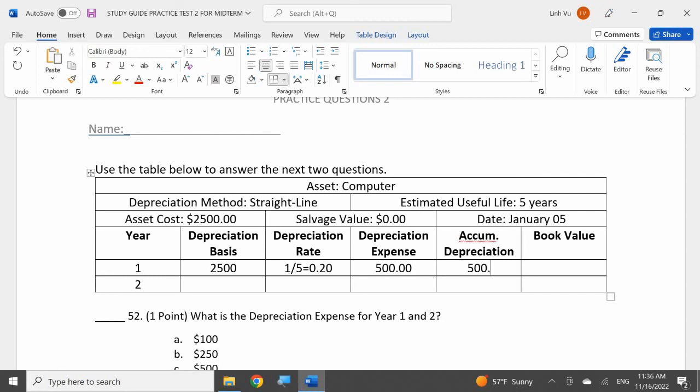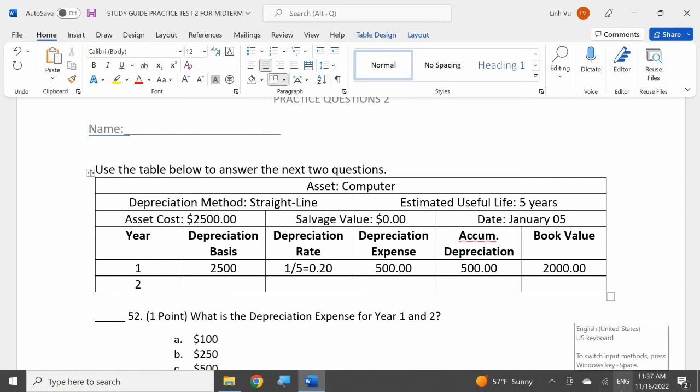So accumulated depreciation for the first year should be $500. Book value is going to be $2,000: your asset cost of $2,500 minus your accumulated $500 gives you a book value of $2,000.